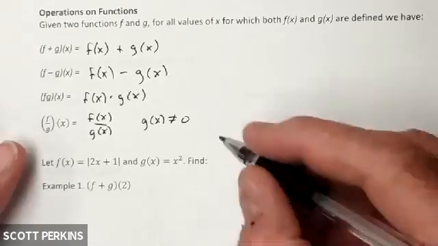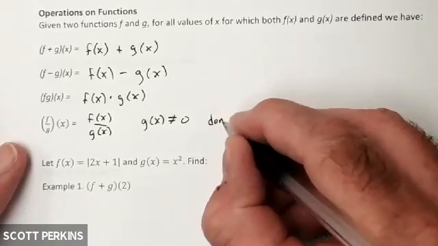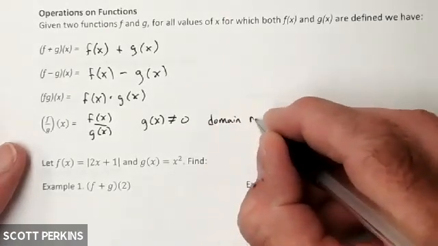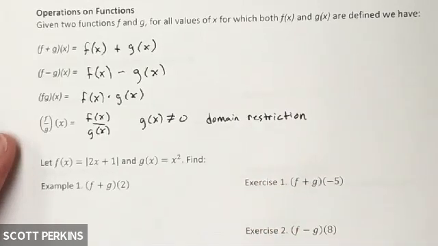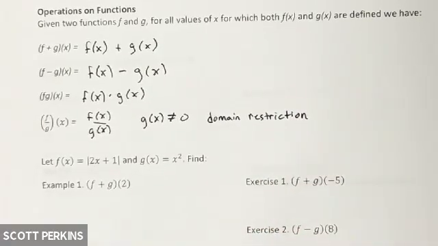So there's a domain restriction on the quotient function. We'll deal with that a little bit in here, but when we get to unit D, the 4th unit, we'll talk about that a lot more.